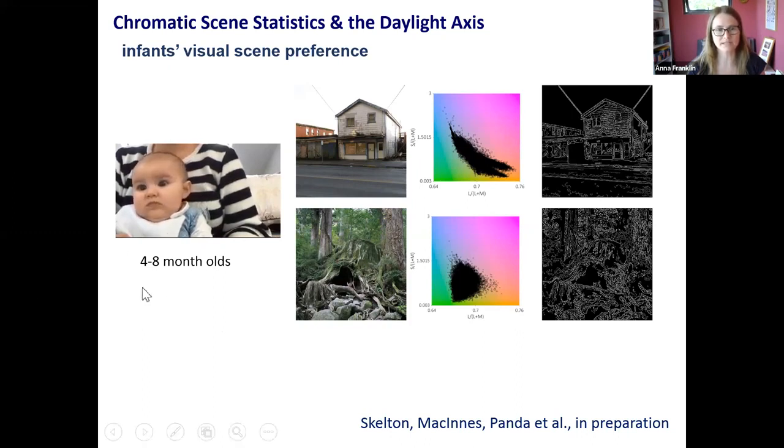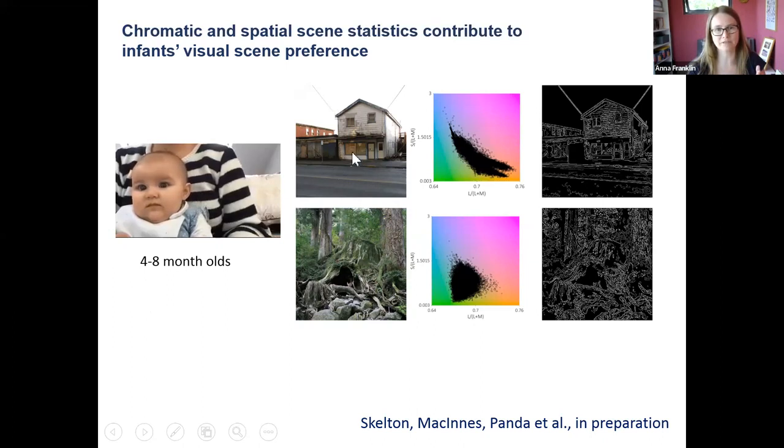So what we do with this data is we code it frame by frame. It's quite laborious to total up how long it is that an infant will look at various types of scenes. And then we analyze the images for their chromatic and spatial properties. So here what you can see is the chromaticity of all the pixels in this image plotted into that cone opponent space.